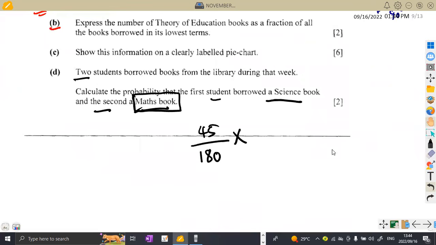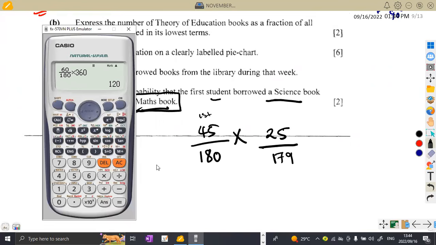But the total is going to be affected. So this will be 25 over, this was the first student that we picked. So out of 180 students, now we are going to remain with 179 students. So you just subtract 1. So let's just multiply 45 over 180 by 25 over 179.